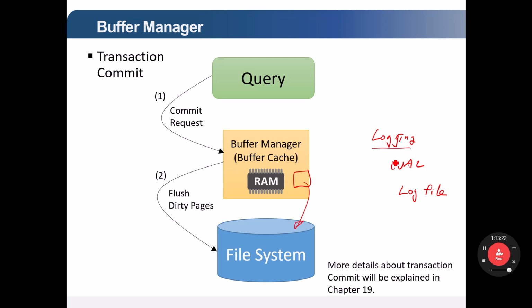And if we do not use these write-ahead logging techniques, then as soon as a transaction commits, its dirty data should be immediately flushed to disk. And more details about this buffer manager and logging techniques will be explained in chapter 19. Any question about this buffer manager? If not, then I will see you next week.